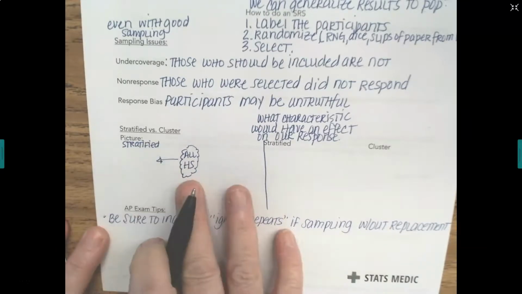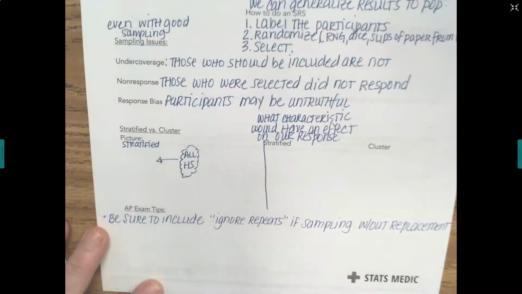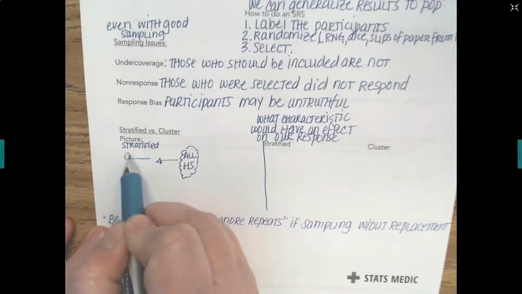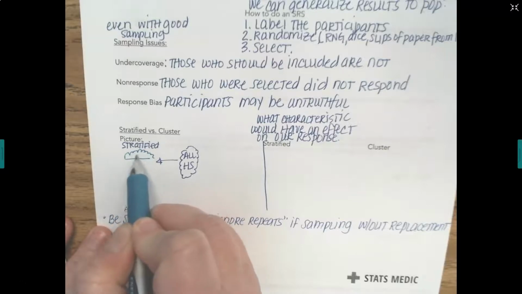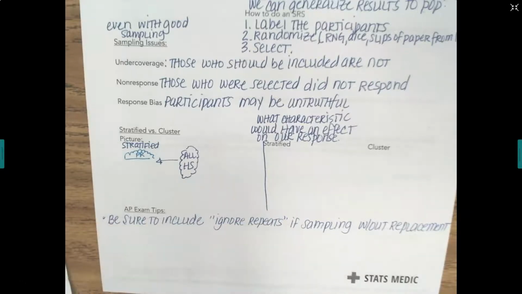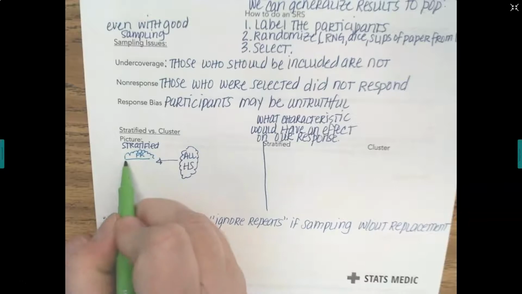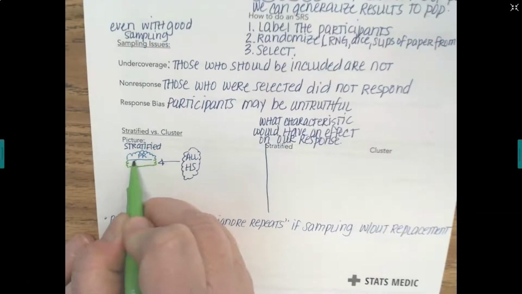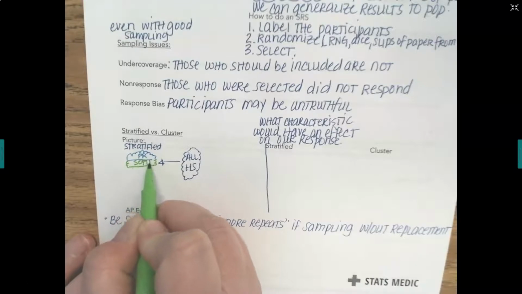we're going to take all of these high school students and we're going to break them into groups. So I'm going to have one group here. That's going to be my freshmen. And then I'm going to have my next group from my cloud. That's going to be my sophomores.